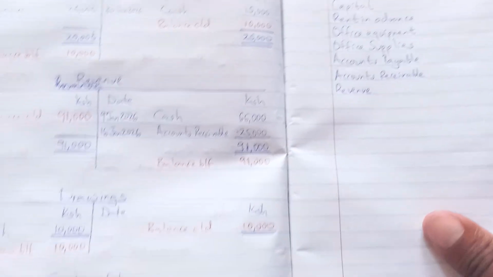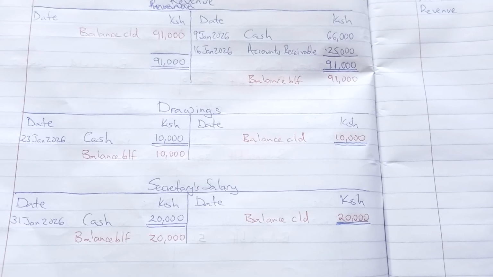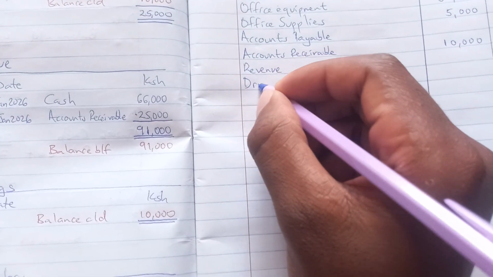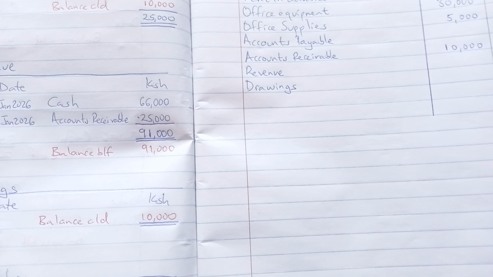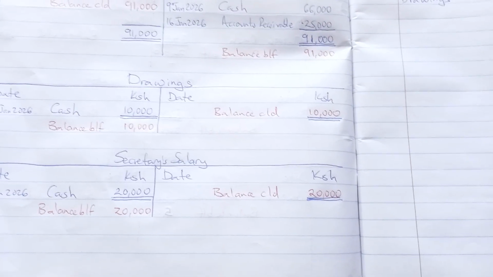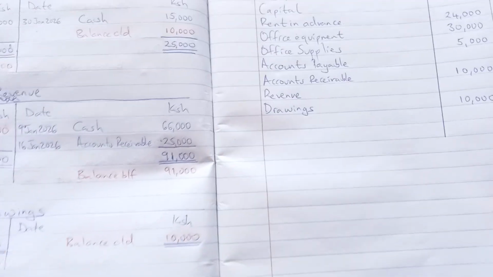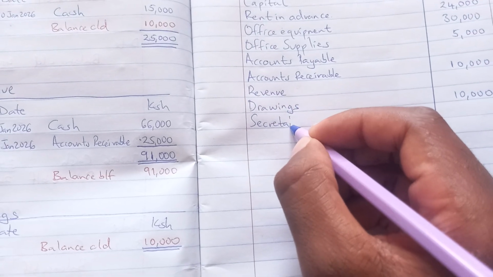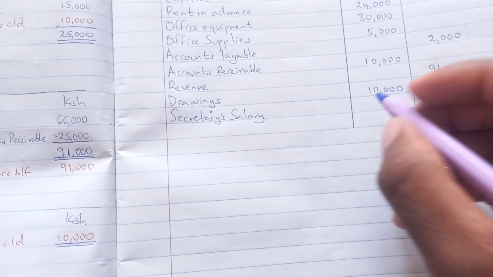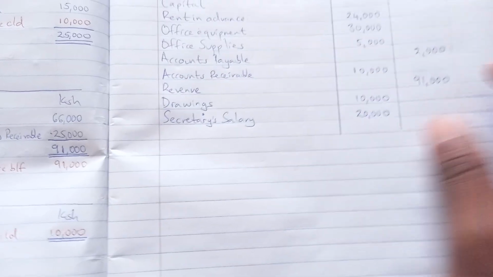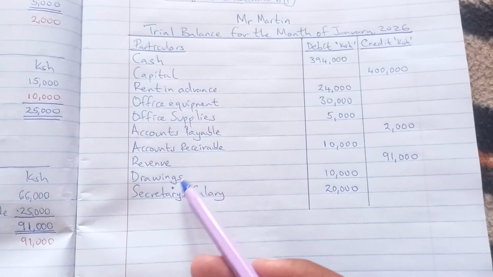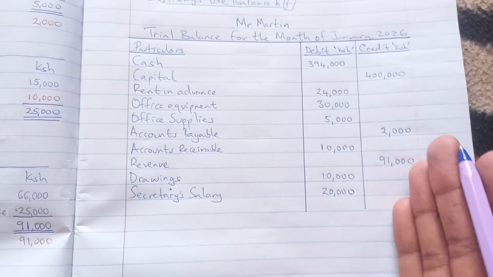We also have drawings, a debit balance of 10,000. And then our last one, secretary's salary, a debit balance of 20,000. So we have recorded all our accounts and listed whether each is a debit or a credit balance.